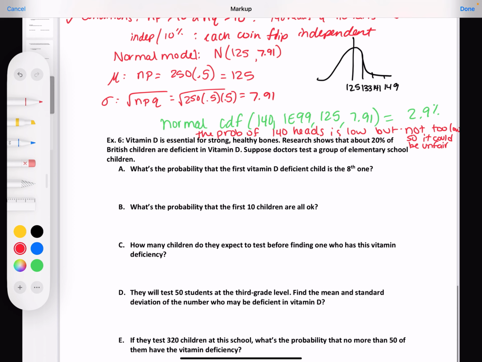For this one, we would use the binomial model. Pretty sure this one's geometric, if you're going to do that.